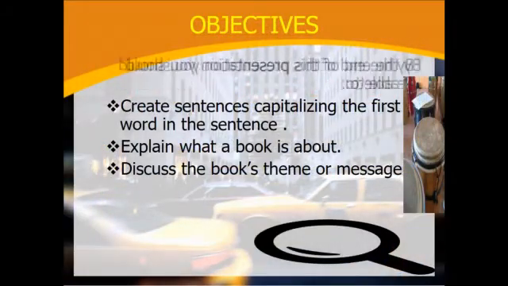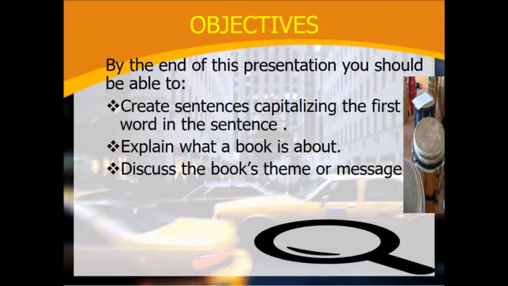Objectives of our lesson are as follows. By the end of this presentation, you should be able to create sentences capitalizing the first word in the sentence, explain what a book is about, and discuss the book's theme or message.